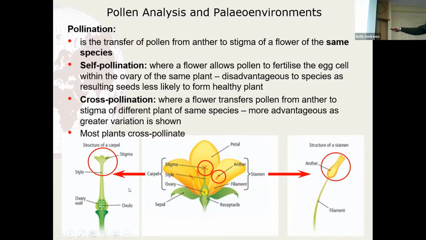Most plants cross-pollinate, where a flower transfers pollen from the anther to the stigma of a different plant of the same species, and that's more advantageous ecologically speaking. Most plants in the world cross-pollinate. There are a few that self-pollinate, and one group of plants which forms the basis of human survival is the cereals. Some of the cereals, like wheats, self-pollinate. They produce very few pollen grains, and that feeds into our interpretation later on when we identify fossil pollen grains of the cereal.